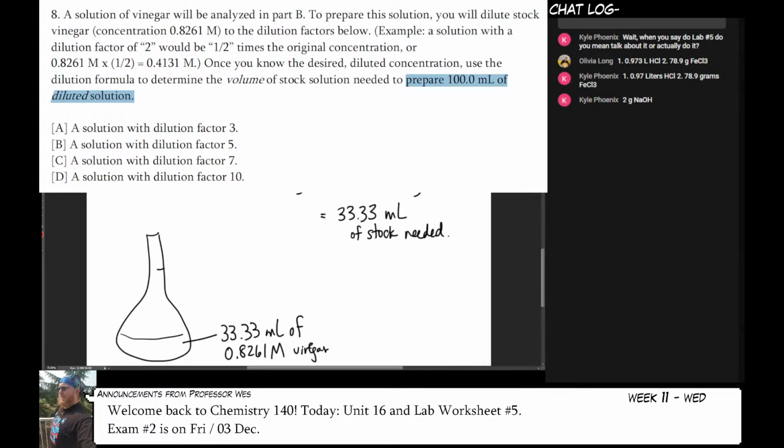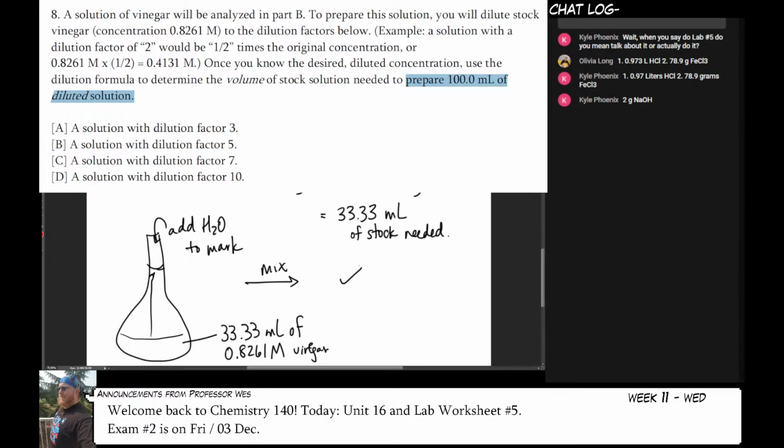And then here's my fill line. We're going to add H2O to the mark. So the remainder will be water. Whoop. Meniscus touches the line. We mix it really well, and our solution is prepared.